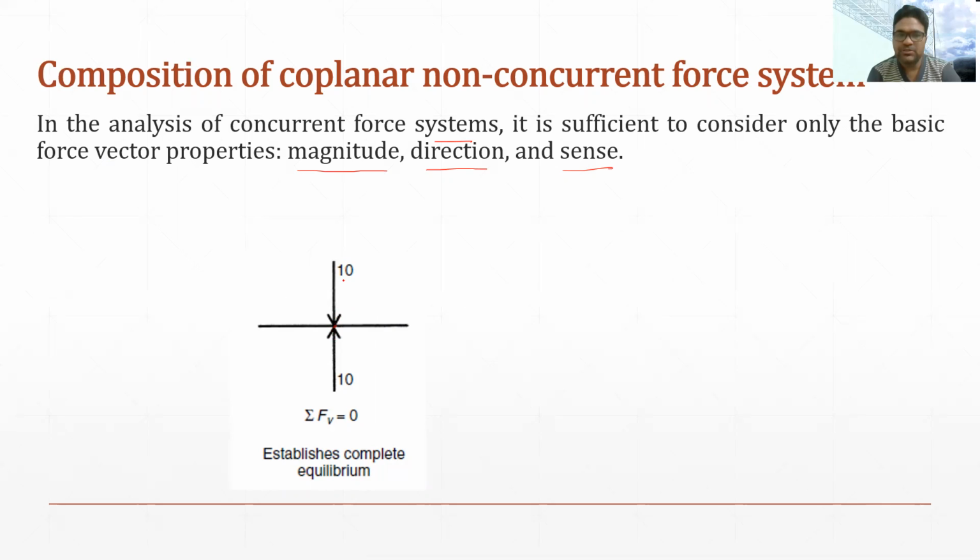So their magnitude is the same, but their sense is opposite. So the resultant of this system will be zero, and the resultant will also be acting in the same vertical line. You can see only one equation is sufficient to establish the equilibrium. There will be no movement in this system.